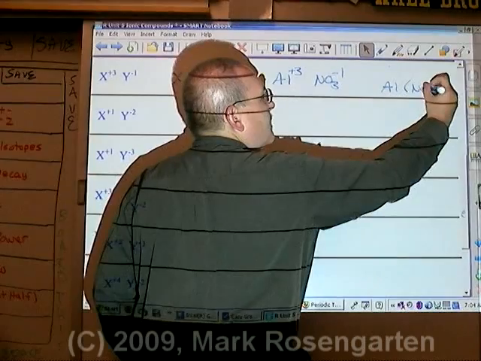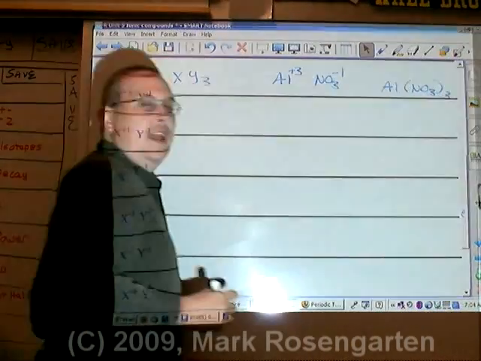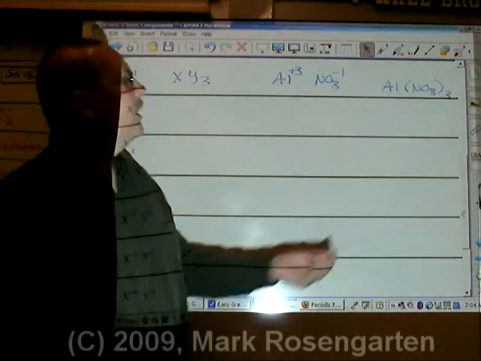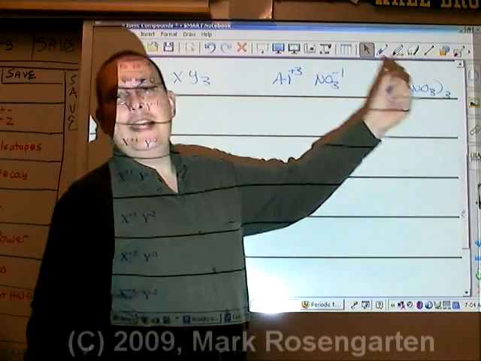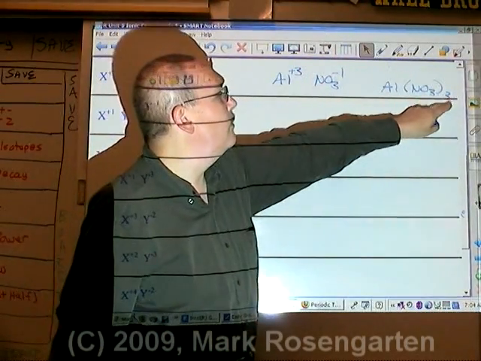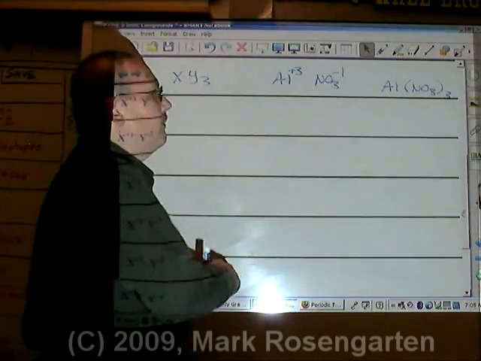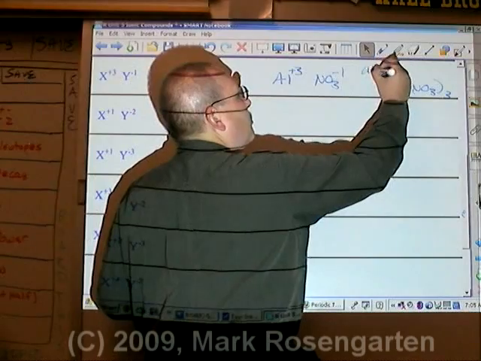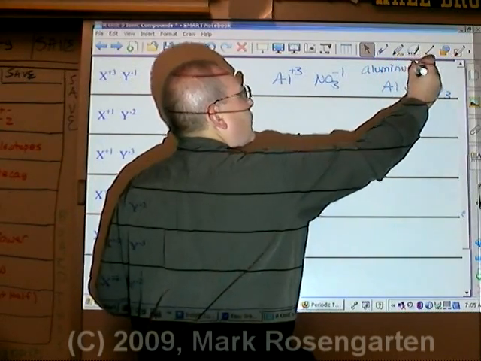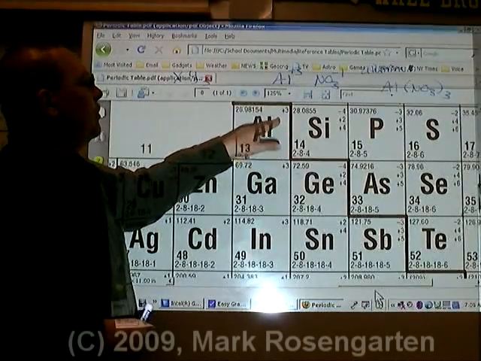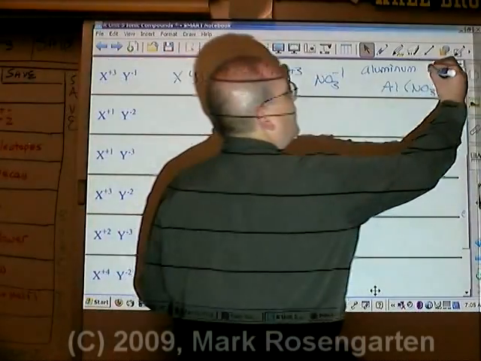Al(NO3)3. If you have a polyatomic ion and you need to put a number after it, put the polyatomic ion in parentheses and then put the number of those ions outside the parentheses. The name of this compound is aluminum nitrate. Aluminum only has one charge listed, so you don't need to put a Roman numeral.